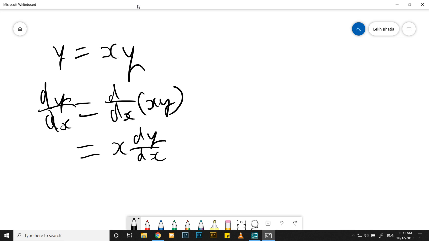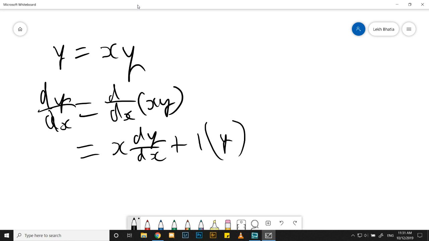Then you also need to do the chain rule with it. Because y actually stores information about x, we need to pretend it has some values inside of it that need to be chain ruled, and that's why we take the derivative of the inside, which is dy dx. Then we add that to d of dx of x, which is just 1 times y.